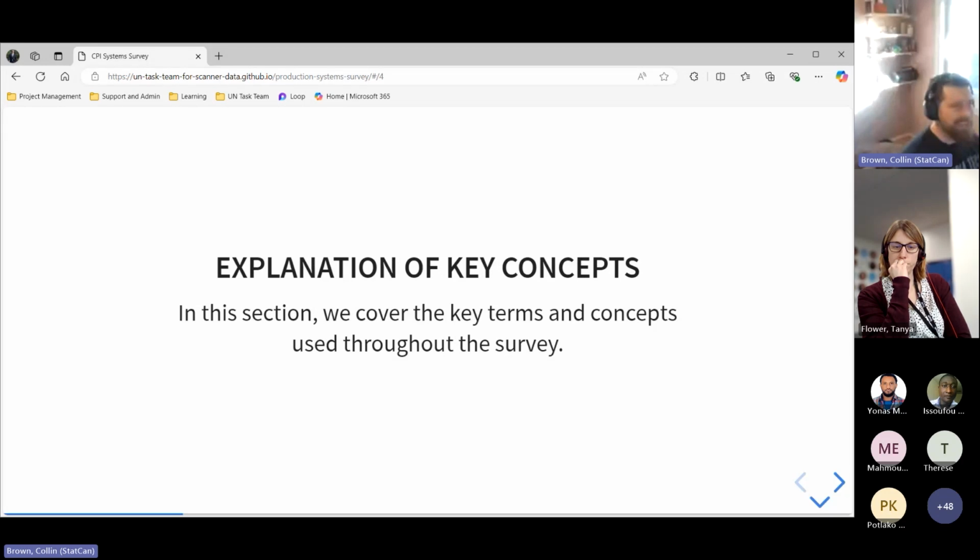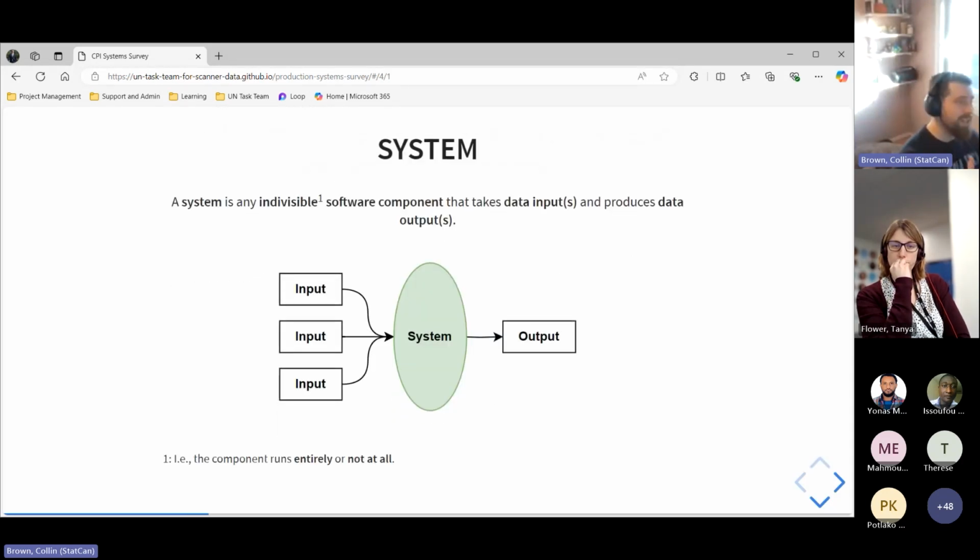This section will introduce some concepts, and again, we're trying to make a lingua franca where everyone can communicate the same ideas regardless of what your particular CPI system looks like. We start with a simplified definition of a system. A system is an indivisible software component that transforms one or more data inputs into one or more data outputs.